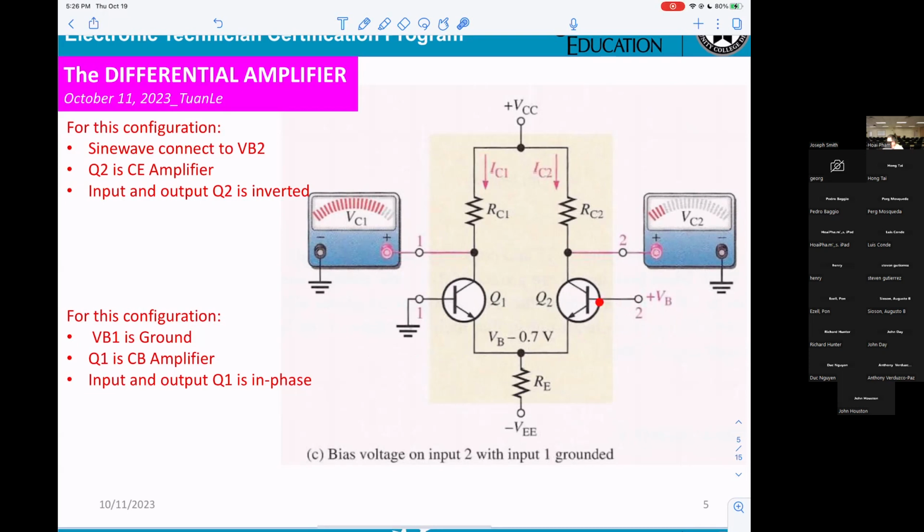Q2 now will be common emitter. Input and output of Q2 are inverted. And for Q1, VB1 is grounded. Q1 now will be a common base amplifier. Input and output of Q1 will be in phase.